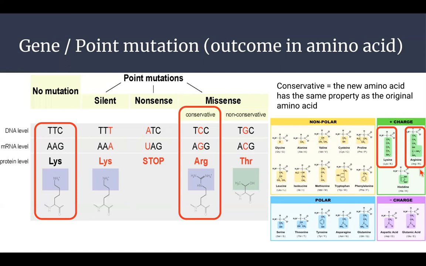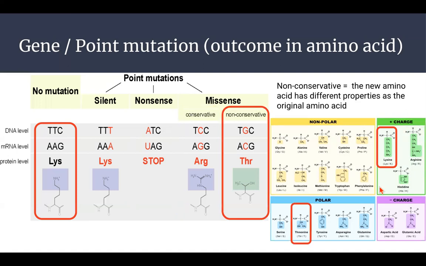However, if you have a non-conservative mutation, and we compare lysine, which sits in here with a positive charge, and threonine, this one has a polarity this time. So you can see that these two have different properties.